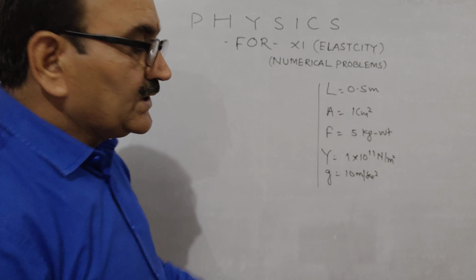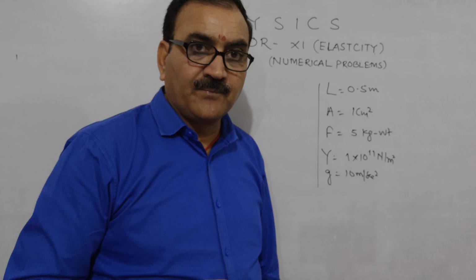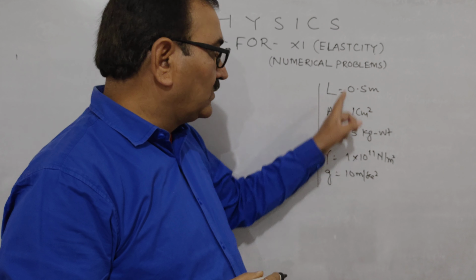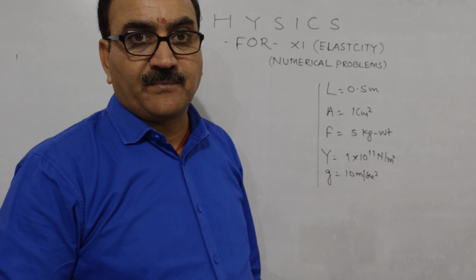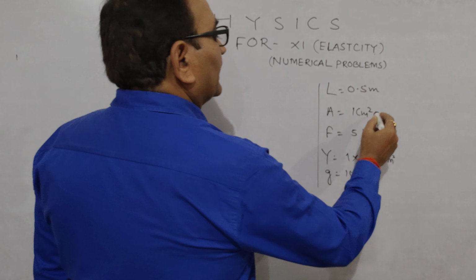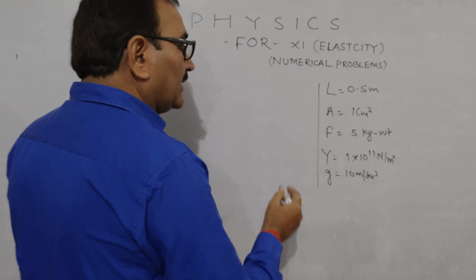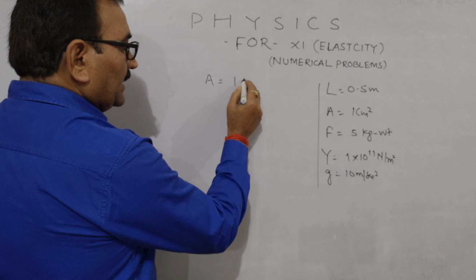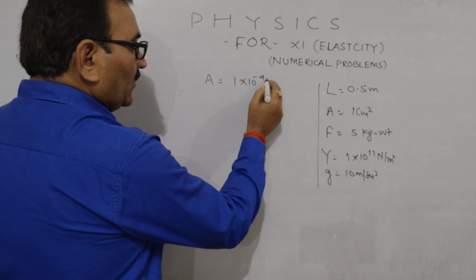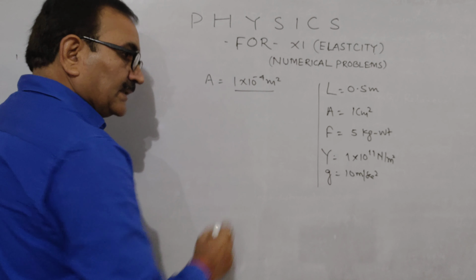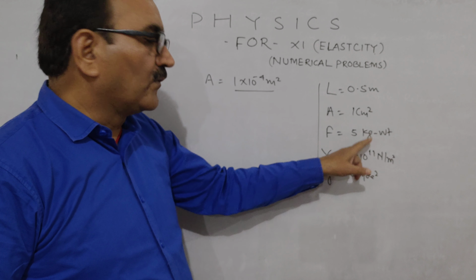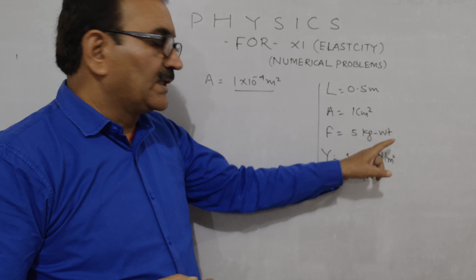To solve these types of numericals, first of all, remember all the values should be in the MKS system. Here the area is given in centimeter square, so first convert it: 1 into 10 to the power minus 4 meter square. Length is already given in meter, and the force is given as 5 kg weight.